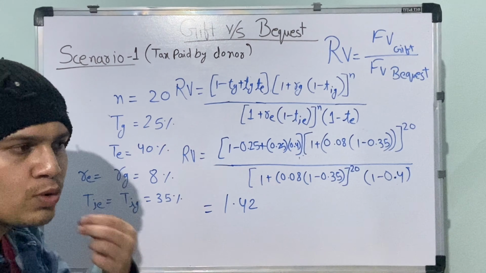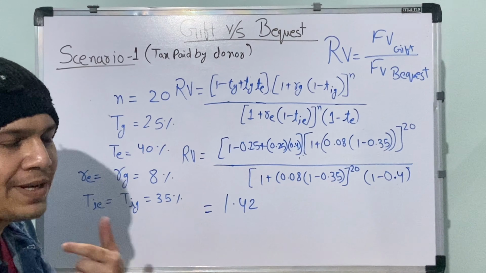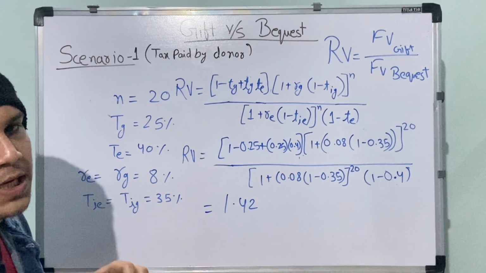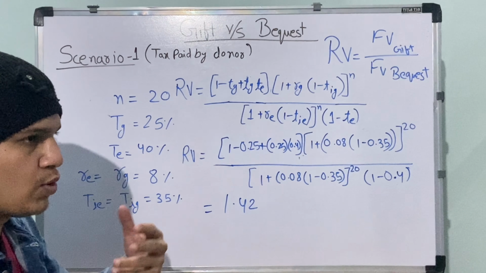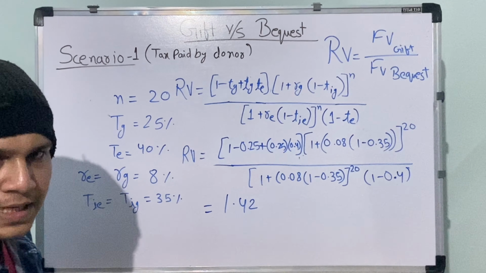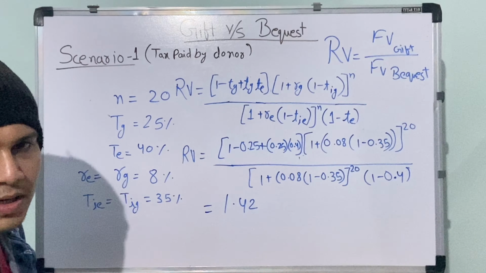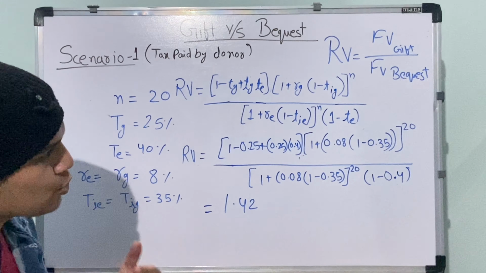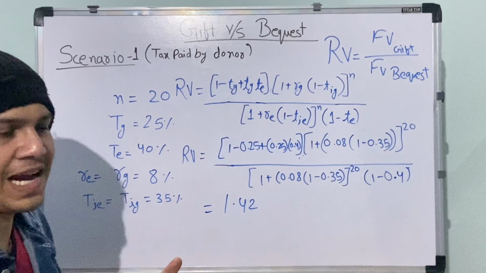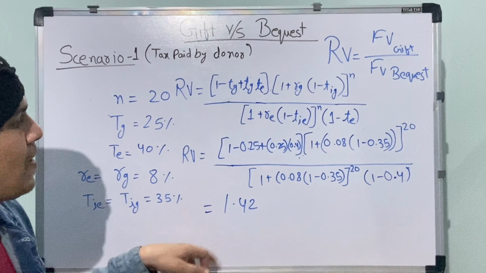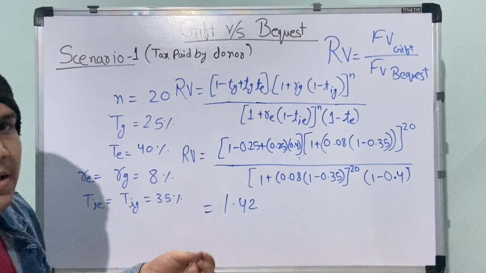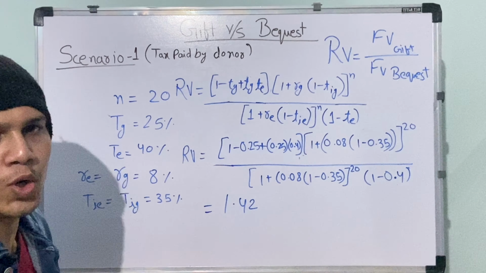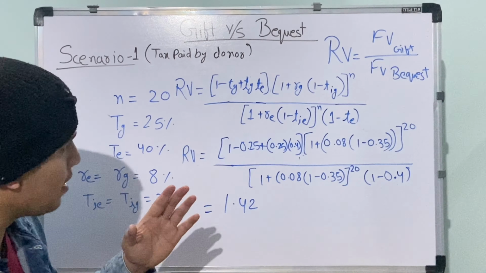So in future, if you feel that you have given it to the wrong person, you don't want to give it to your son or daughter, or you want to give to charity rather than giving it as a gift to your family, that control no longer exists. That's why it is another aspect which you have to consider apart from the financial number, whether you want to give it to your descendant or not prior to death. So that's an important thing.